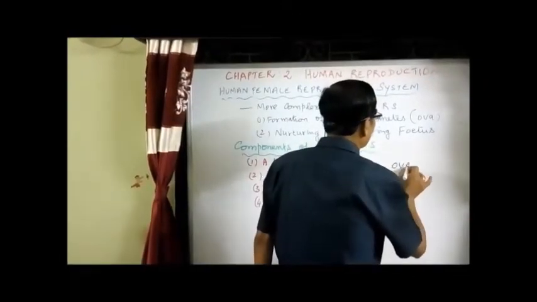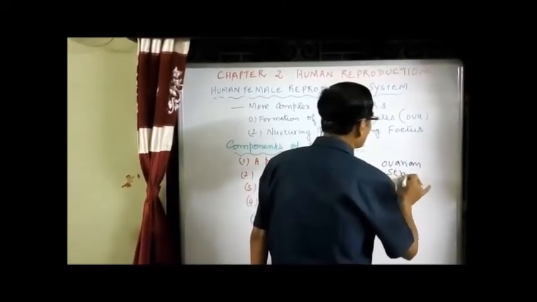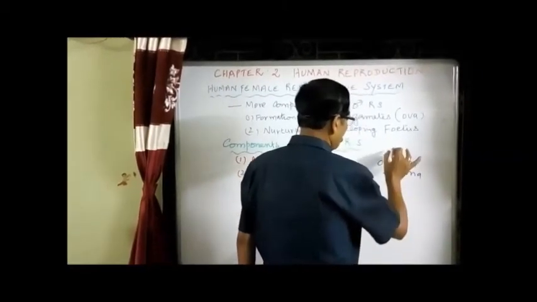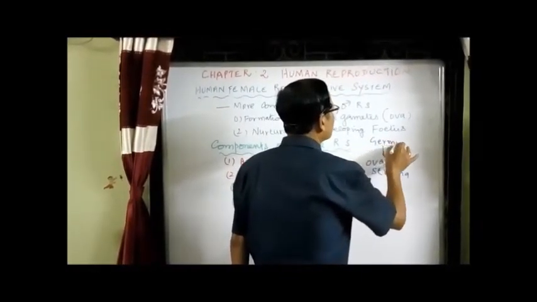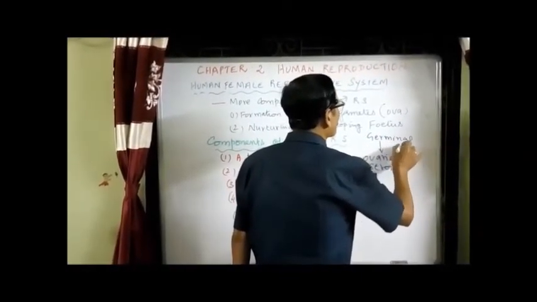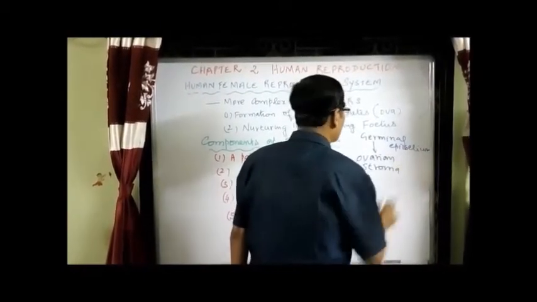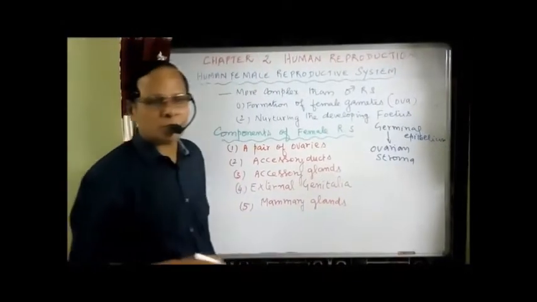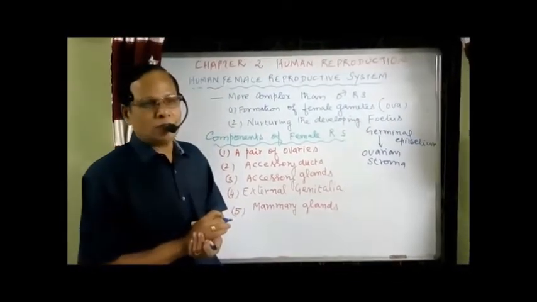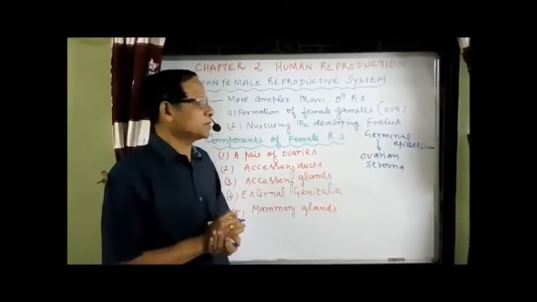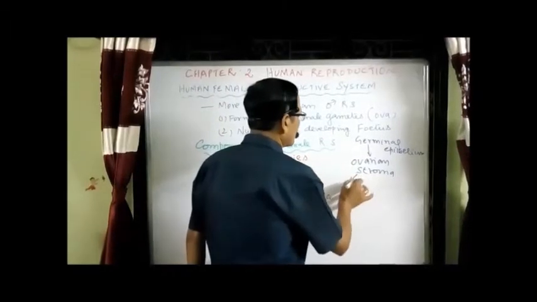Stroma means the body. So we have the outer germinal epithelium, in the form of cuboidal epithelium, which encloses the ovarian stroma. The ovarian stroma is differentiated into outer cortex and inner medulla.